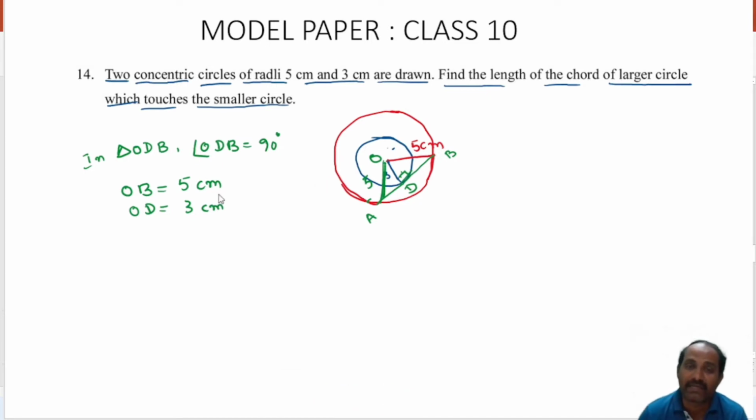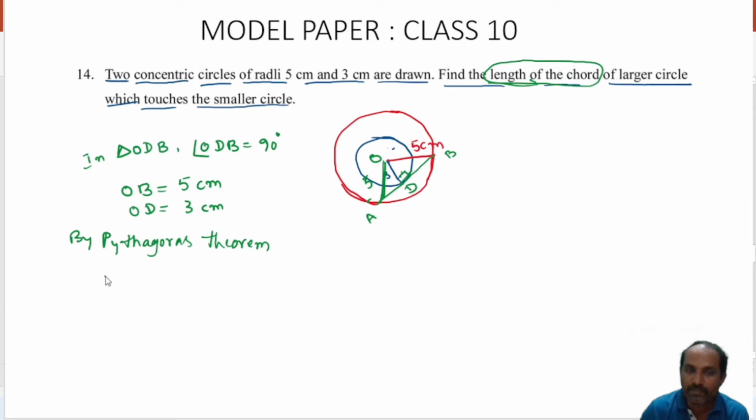Now what did he ask? The length of the chord which touches the smaller circle, means we are going to find the length AB. First, from this triangle, by Pythagoras theorem, OB square is equal to OD square plus BD square.